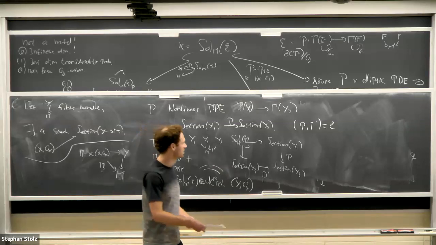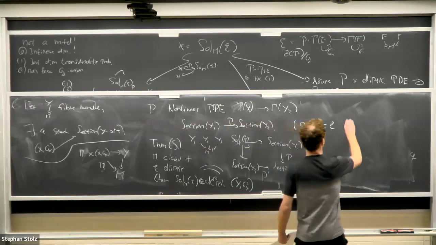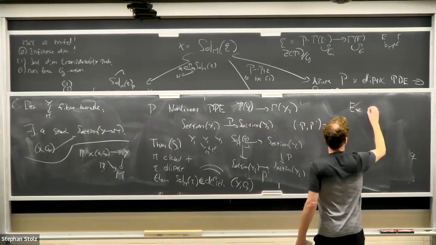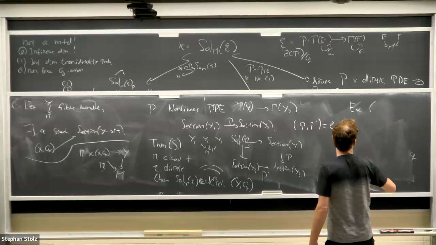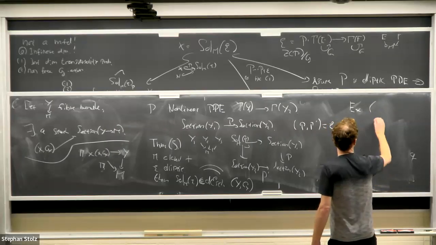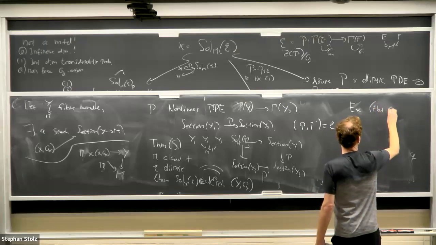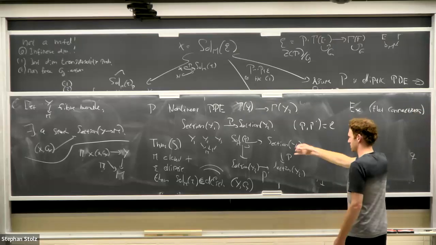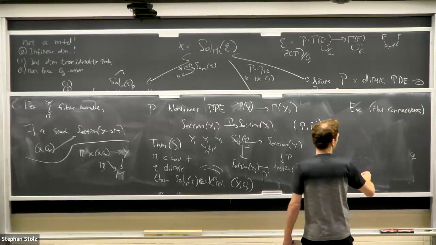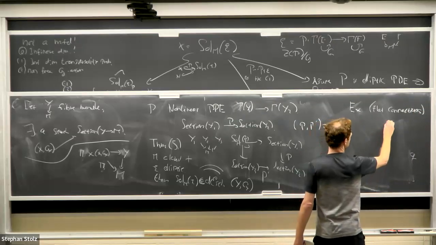So what you can do is, say we're doing flat connections. This is slightly outside of the scope of what I just said, but the theorem still holds. So you look at the stack of connections.